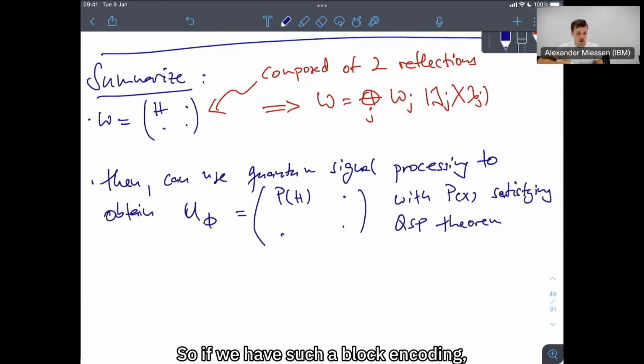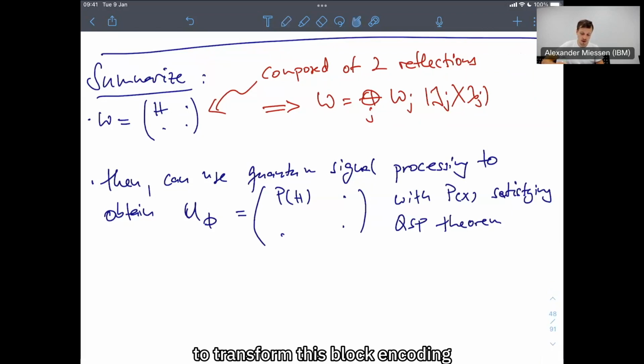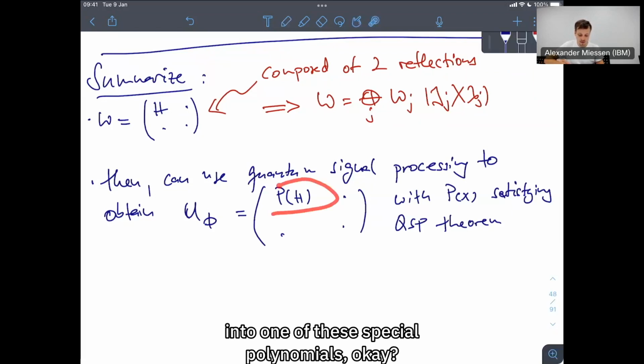So if we have such a block encoding, we can always find phase angles to transform it into one of these special polynomials.